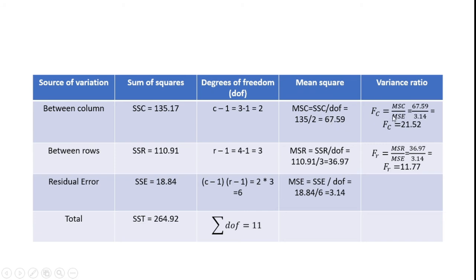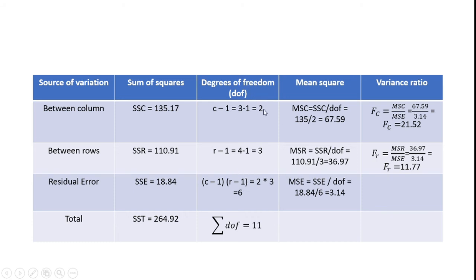I substitute. What is MSE? MSE I identified through the residual error column, which means SSE. In the previous slide, I told how we identify the SSE; there I got 18.84. I substitute the values here, and also the degrees of freedom for error. I consider the column and rows simultaneously, so C minus 1 into R minus 1.